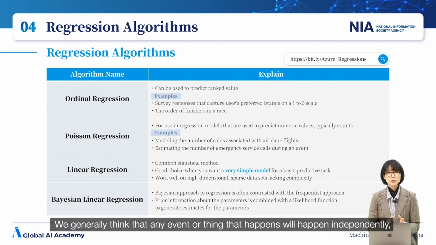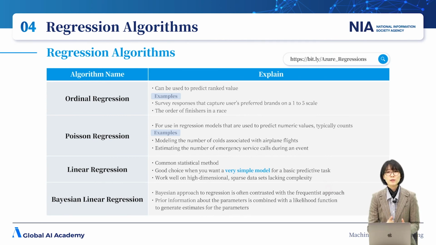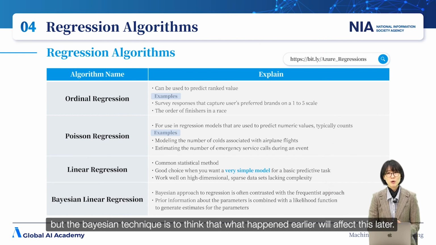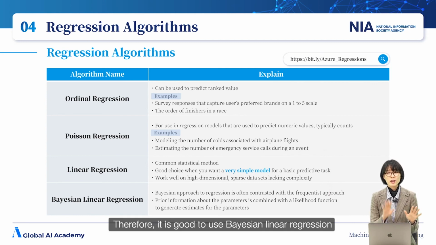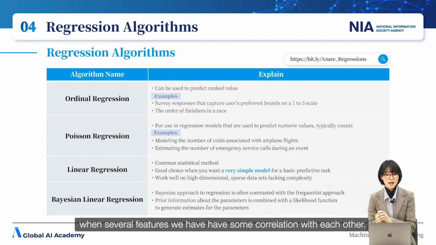We generally think that any event or thing that happens will happen independently. But the Bayesian technique is to think that what happened earlier will affect what comes later. Therefore, it is good to use Bayesian linear regression when several features we have are correlated with each other.